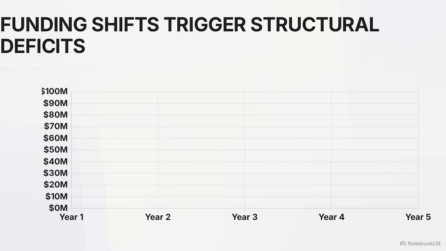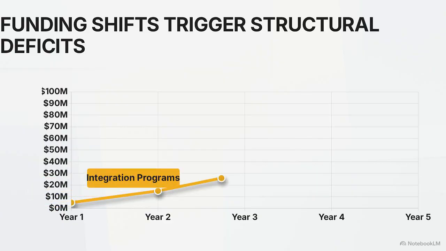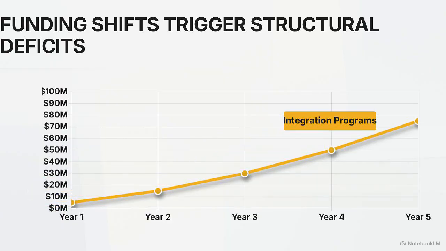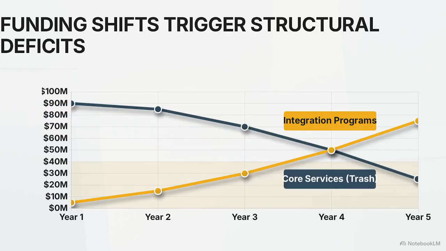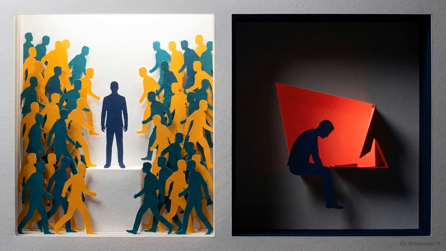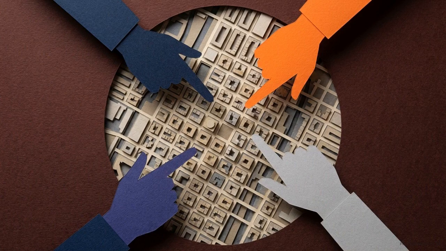The budget director might want to fund targeted integration programs, but doing so risks triggering a structural deficit or forcing cuts to core services like trash collection. The mayor faces a different calculus, balancing the moral imperative of social equity against the absolute necessity of maintaining their own electoral viability. Complex municipal governance is an exercise in cross-sector coalition building.